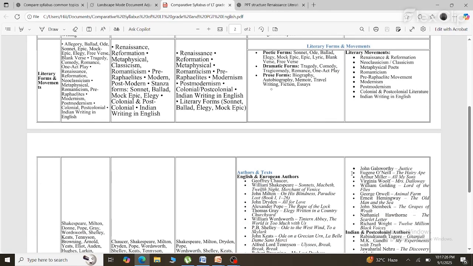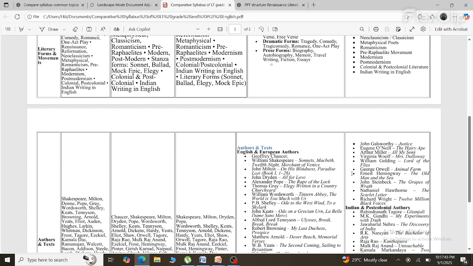So you can see it has not taken much time, and this 2-page PDF will be quite helpful for all the aspirants preparing for UPPSC LT grade and lecturer grade.